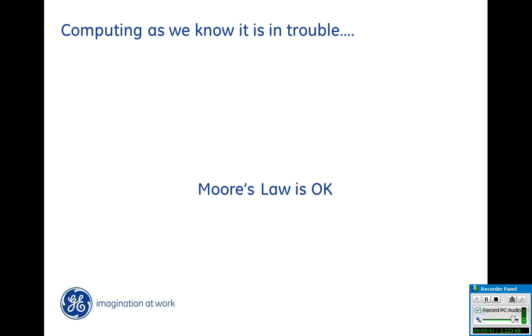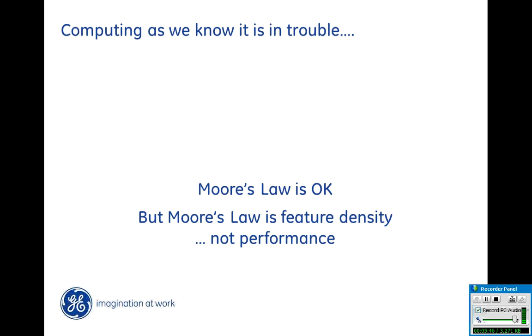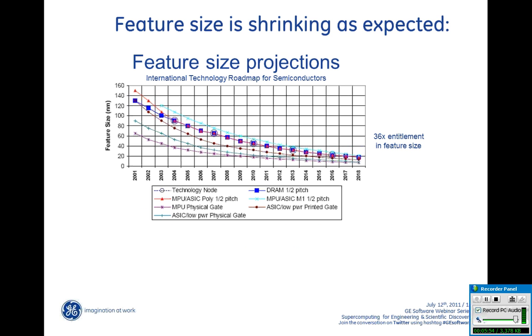So computing is in a bit of trouble. Moore's law is okay, but Moore's law is about feature density. It's not about performance in the classic sense. I will qualify that in a moment. Now, feature size is shrinking as expected. This is technically what Moore's law has been talking about.